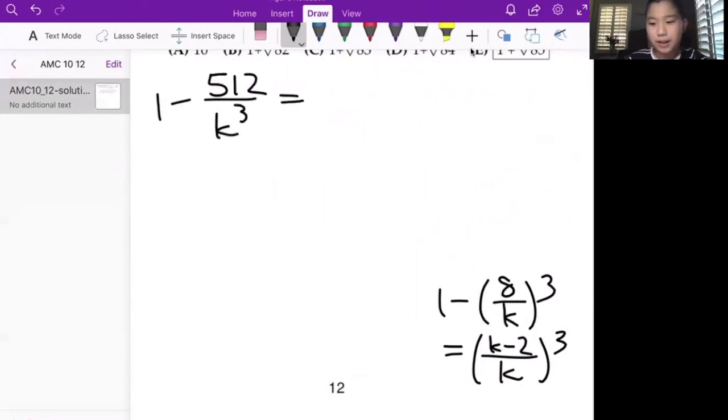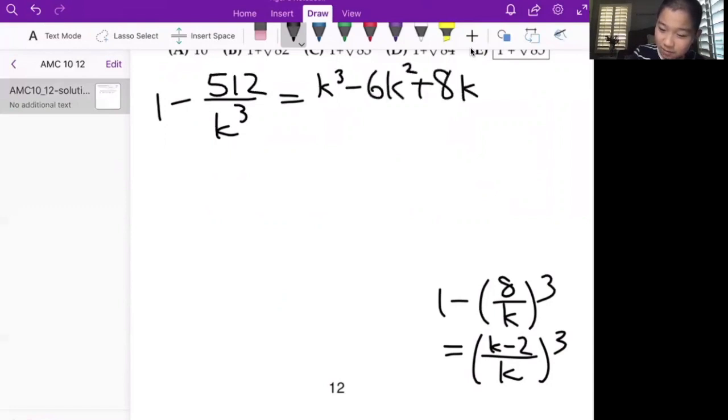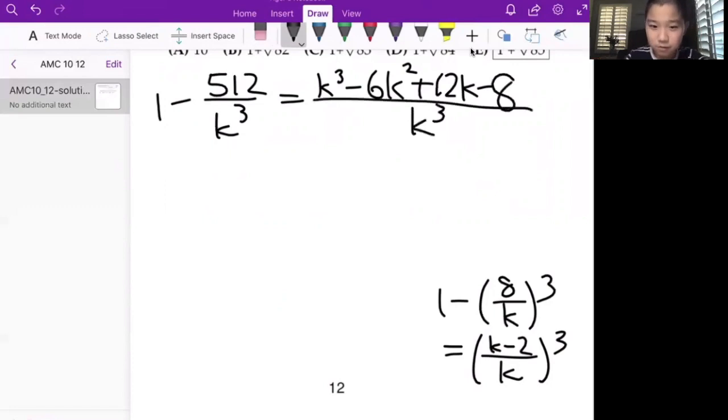That's equal to k minus 2 cubed, which can be written as k cubed minus 6k squared plus 12k minus 8 after some expanding, over k cubed.